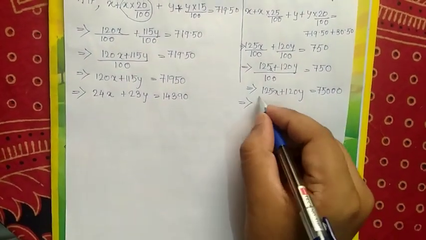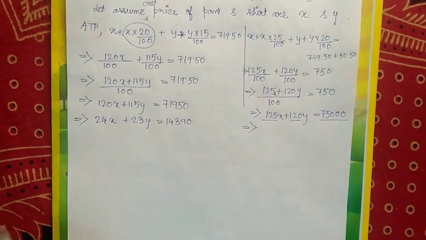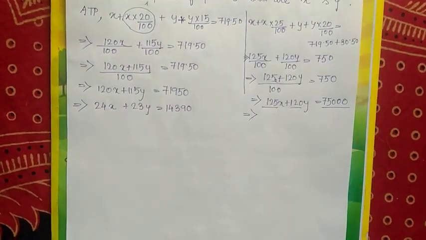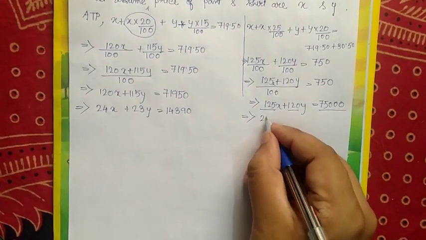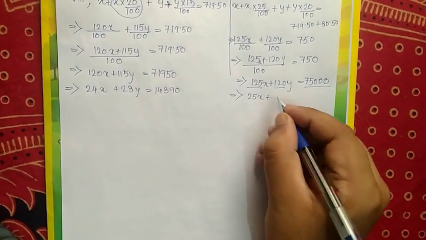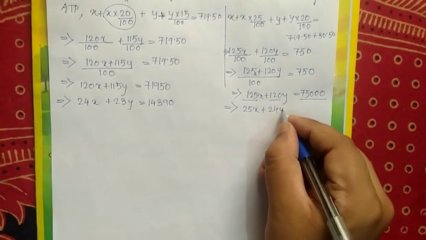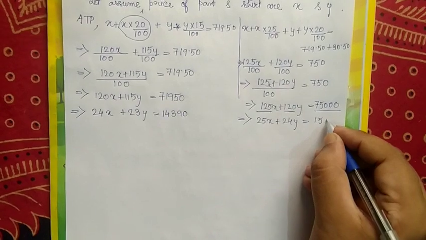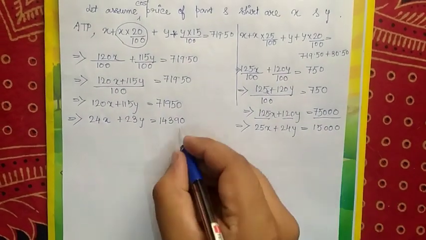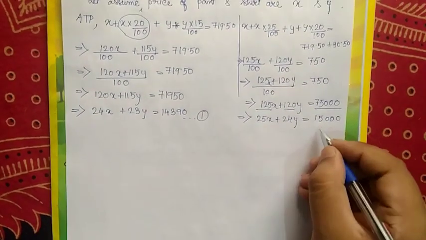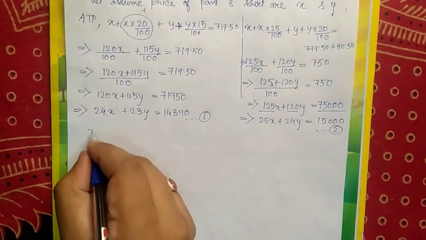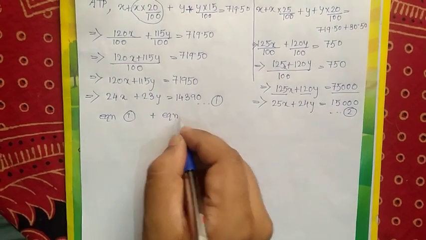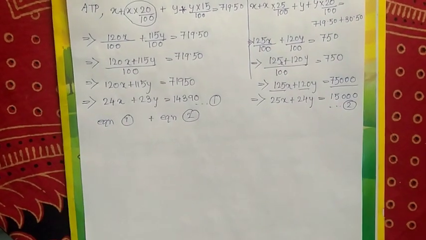Same as you can see in these three terms, 5 is divisible, so after dividing by 5 we get 25x plus 24y equal to 15000. Now this is equation 1 and this is equation 2.